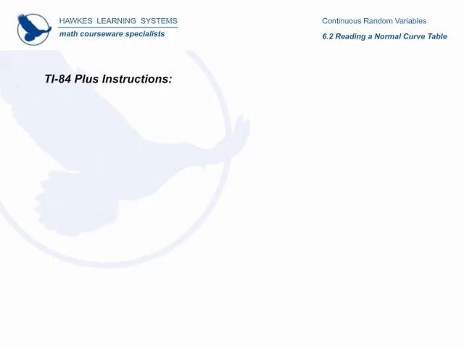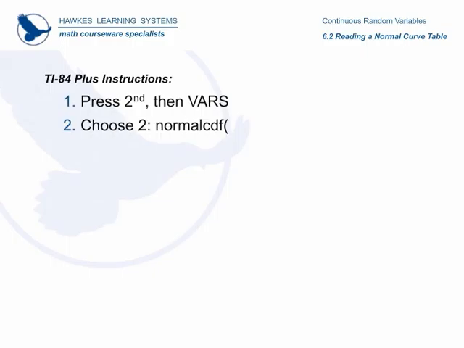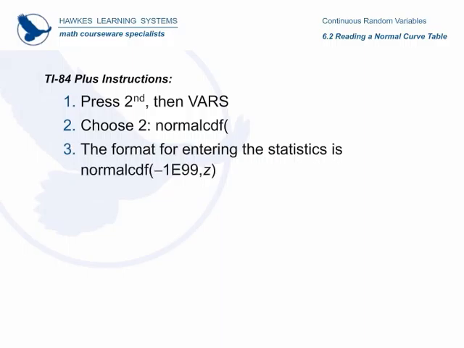Now let's take a look at the use of technology. We're using an example of a TI-84 Plus and the instructions. First, you would press the second key, then vars. Choose 2, and that would be the normalcdf.